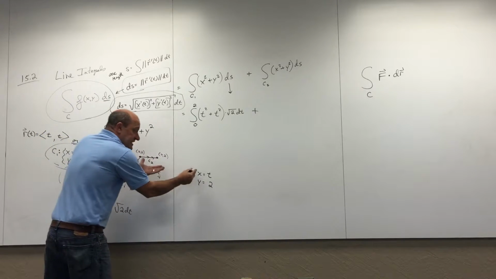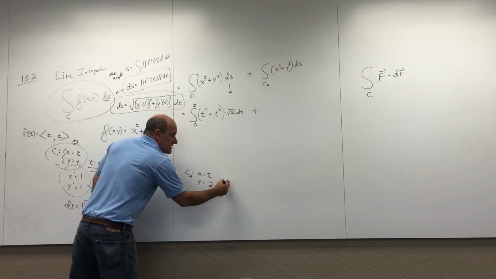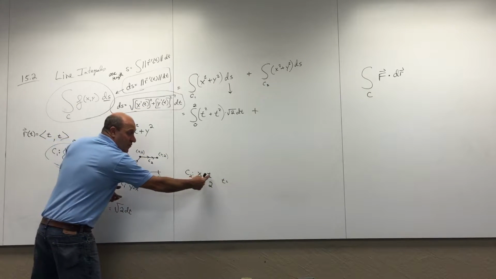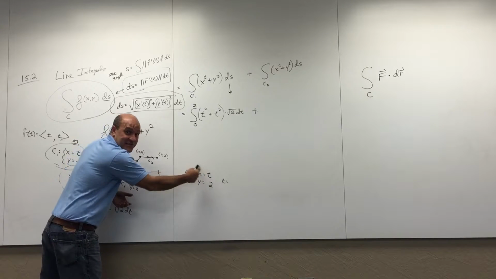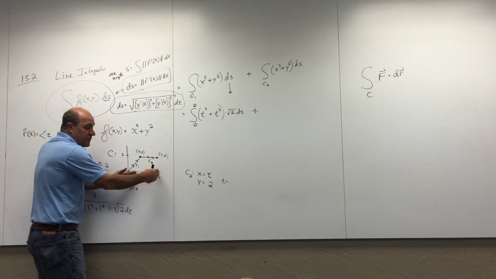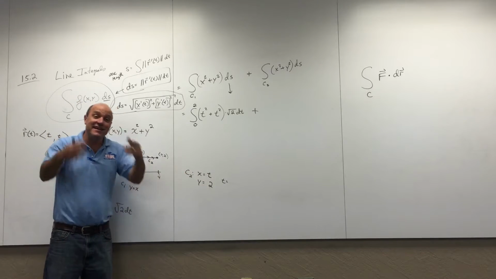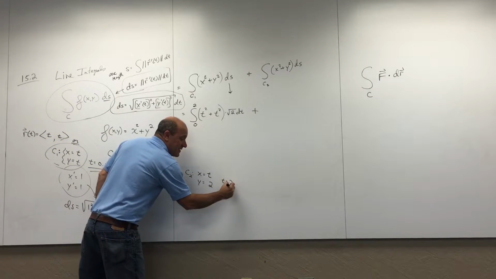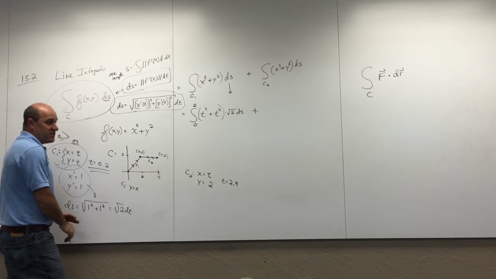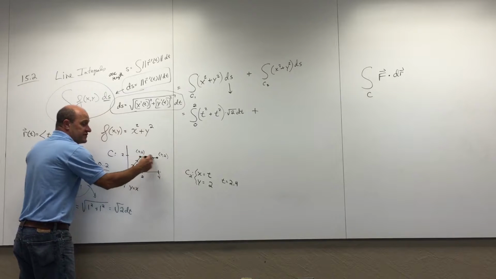Then since x is t, coming up with the bounds for t really amounts to asking what the bounds for x are. x is going from 2 to 4, and x equals t, so t should go from 2 to 4. Good. That's the parameterization for this curve C2.